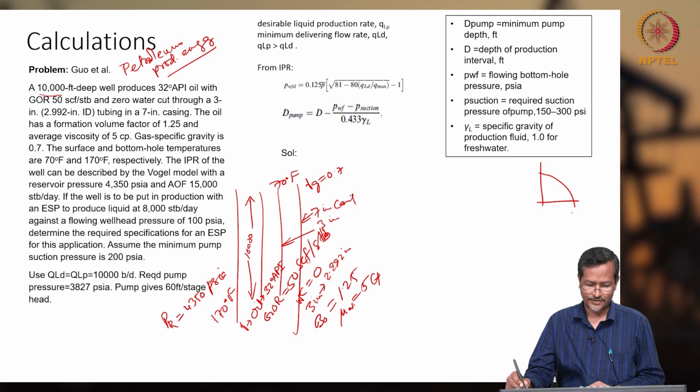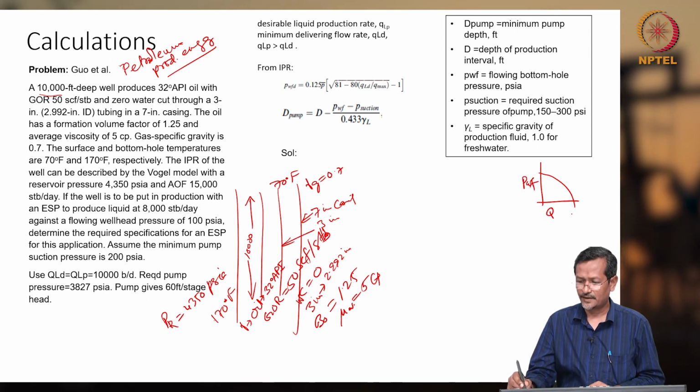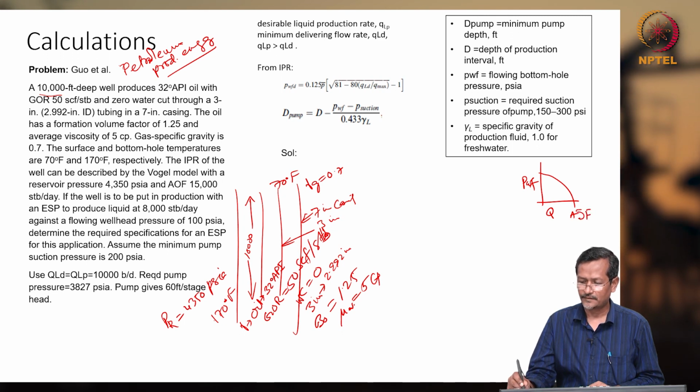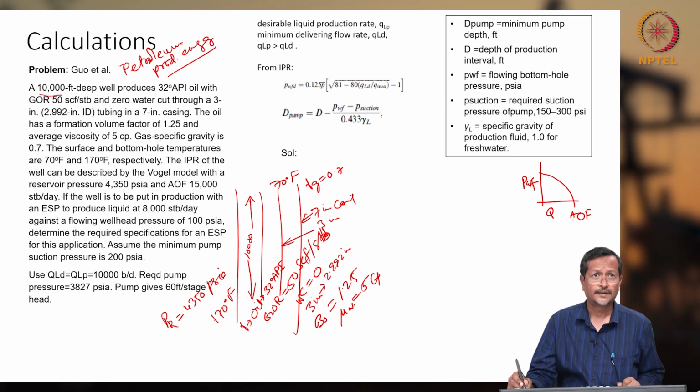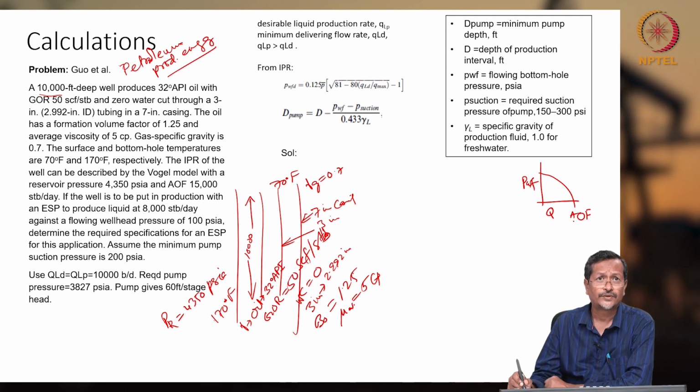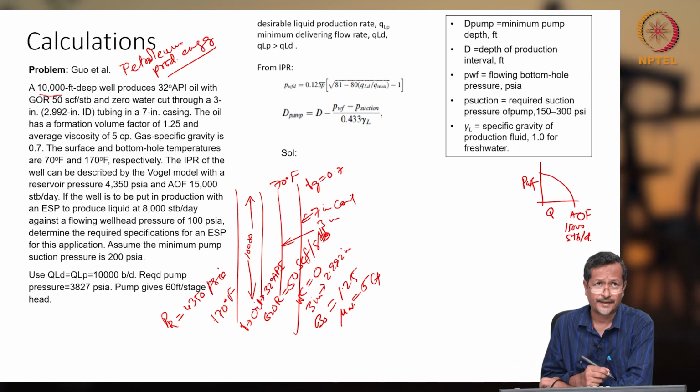This is PWF, and Q is flow rate. So AOF, absolute open flow, is given 15,000 STB per day, stock tank barrel per day.